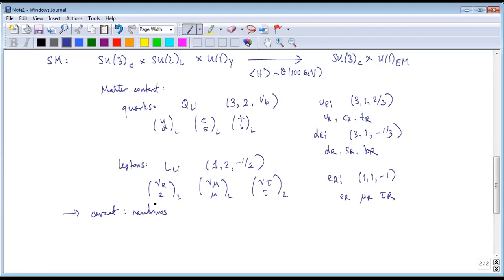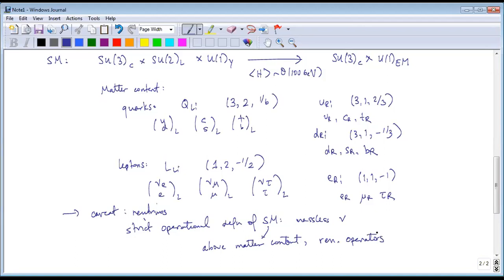Strictly speaking, if we define the standard model operationally, as is often done, to be the situation with the above matter content and only renormalizable operators, then what we have are massless neutrinos.